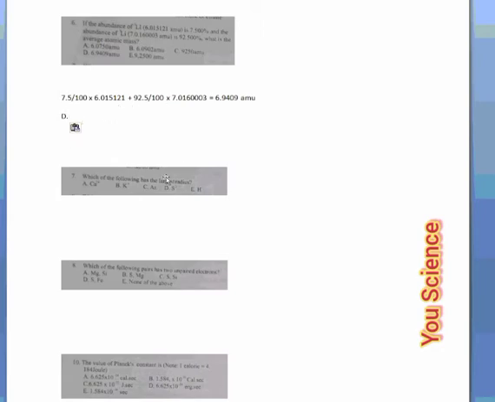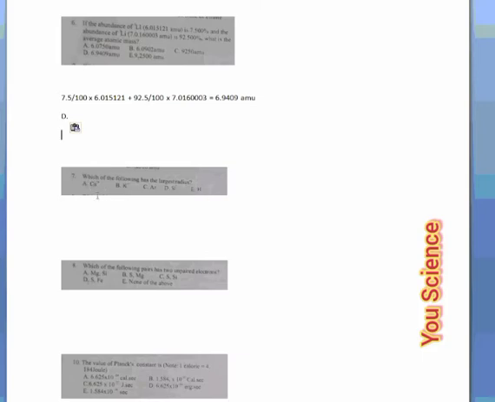So let's move to the next question. Which of the following has the largest radius? So if you look at these, these are ions. This is calcium ion, this is potassium ion, sulfur ion, and this is hydrogen.